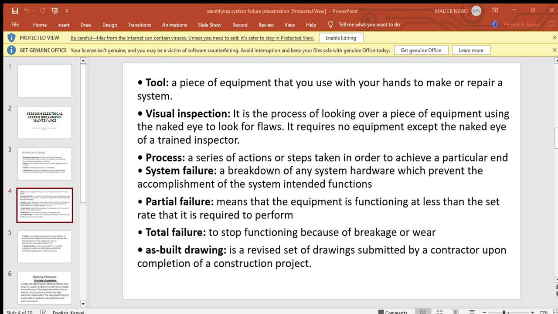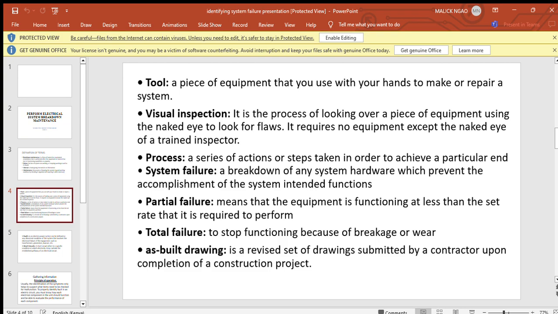Cornelius, what is total failure? Yes, that is correct.